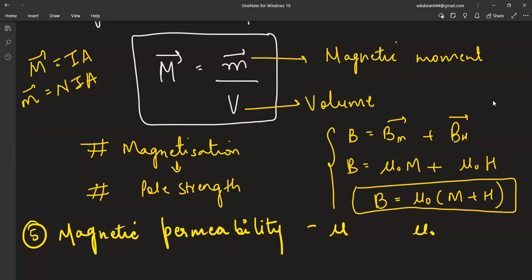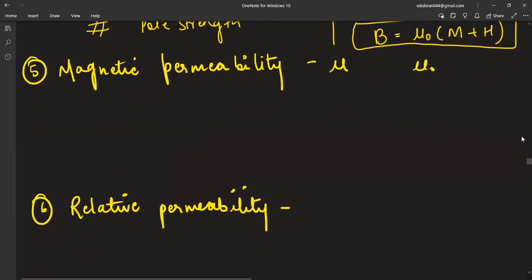Fine. Now the next two terms are very easy. Magnetic permeability, this we have already done. This is similar to relative permeability, and to electric permittivity also.